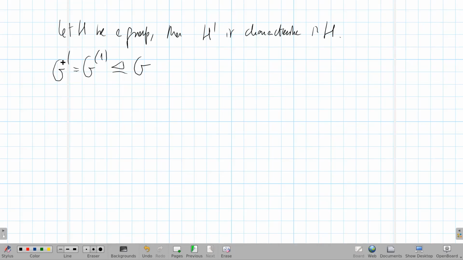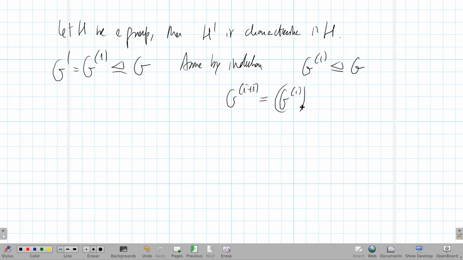Now assume we have proved by induction that G_i is normal in G. Then you consider G_{i+1}, which is the derived subgroup of G_i, and by this fact that I proved earlier, this is characteristic in G_i.